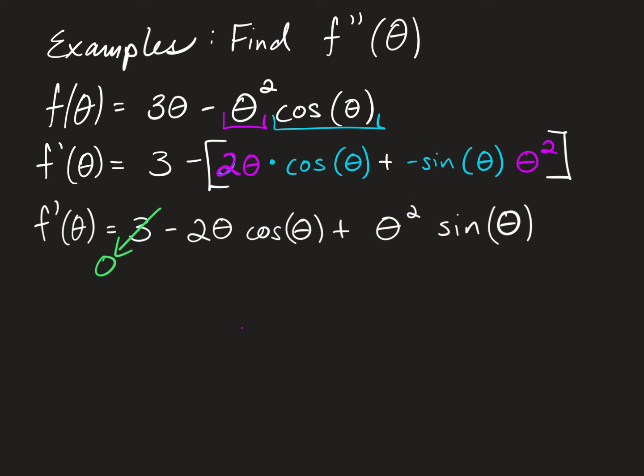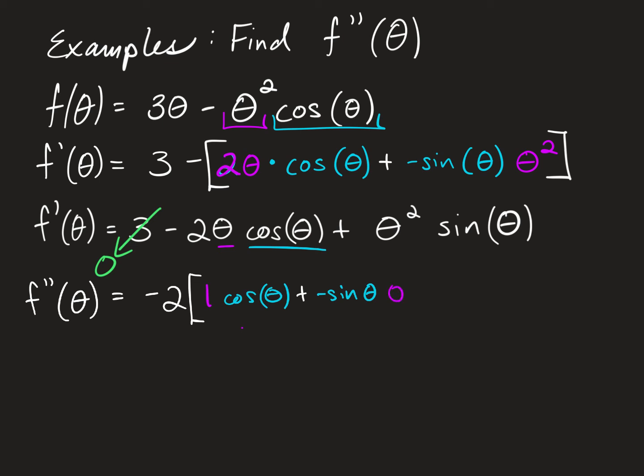So the second derivative, f double prime of theta, will be, let's see, negative 2 times the derivative of the first, so 1, times the second, so cosine theta, plus the derivative of the second, negative sine theta, times the first, theta.